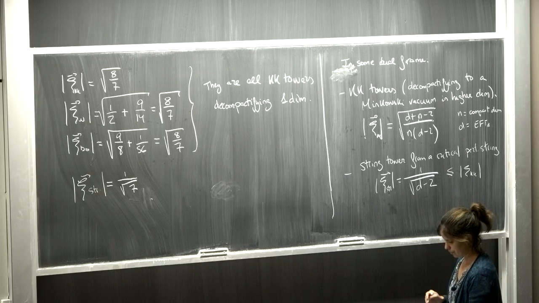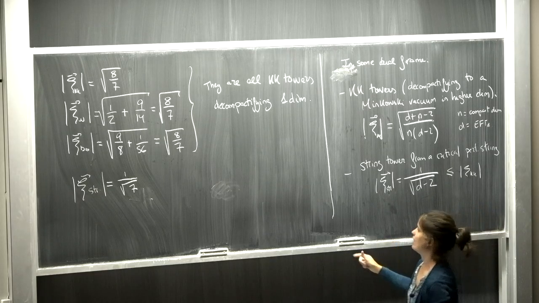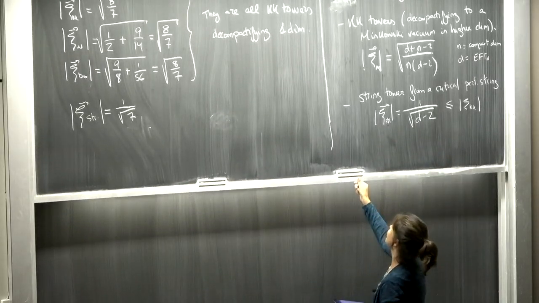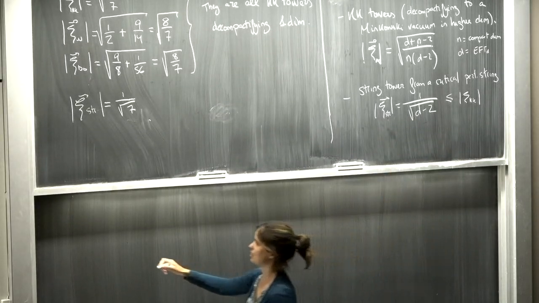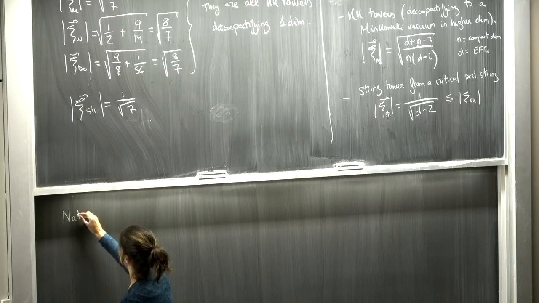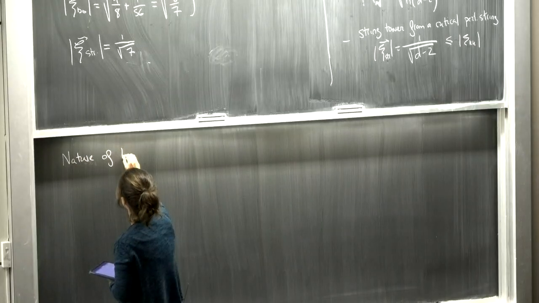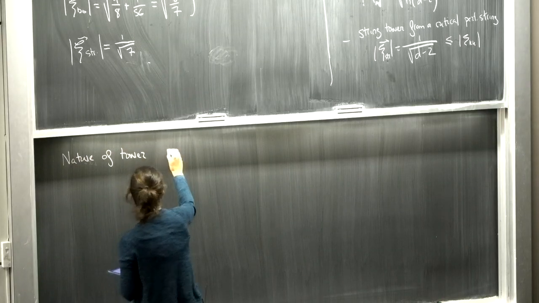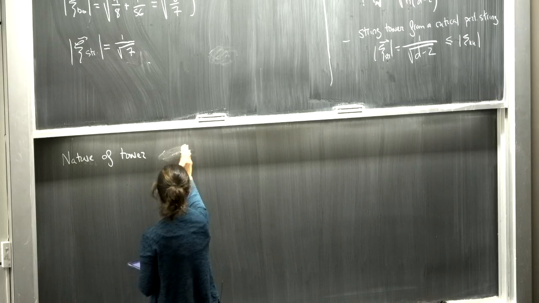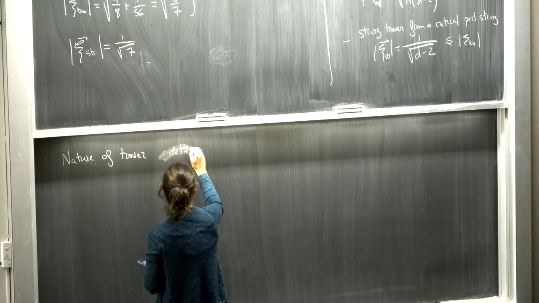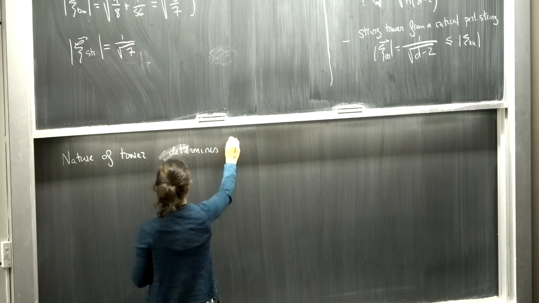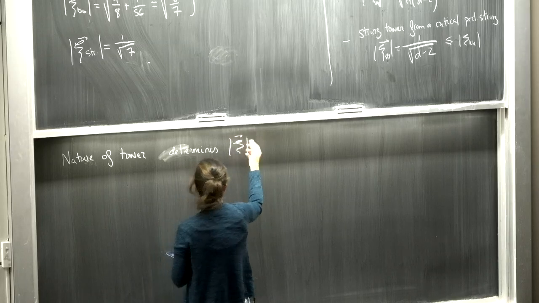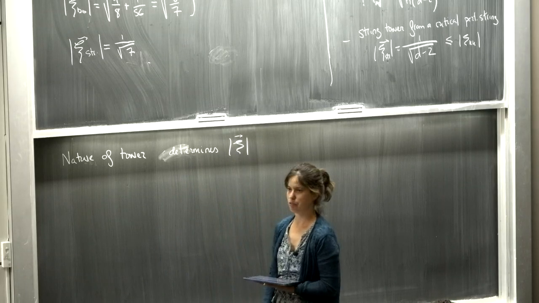Now, one more thing before finishing this example. It's not only that the nature of the tower determines the exponential rate, the modulus of the vector.